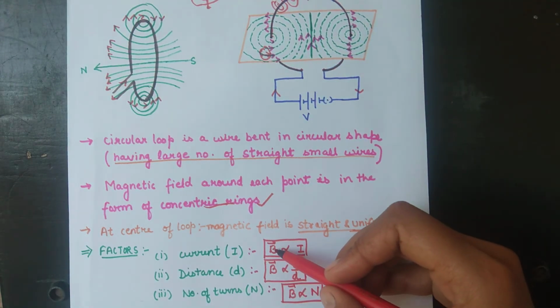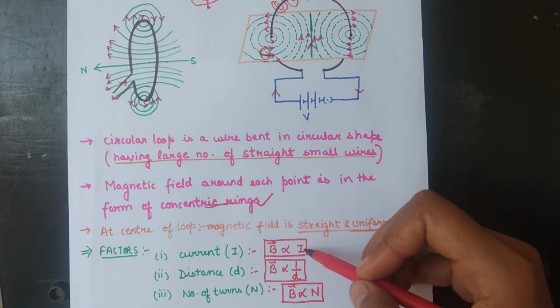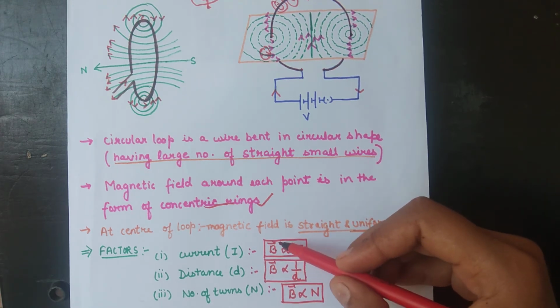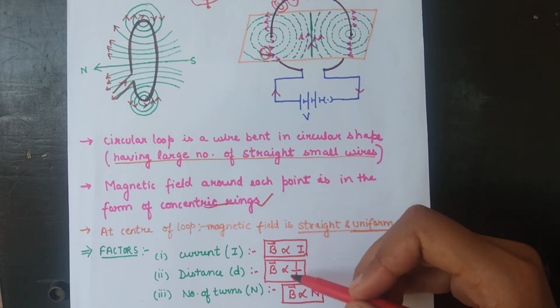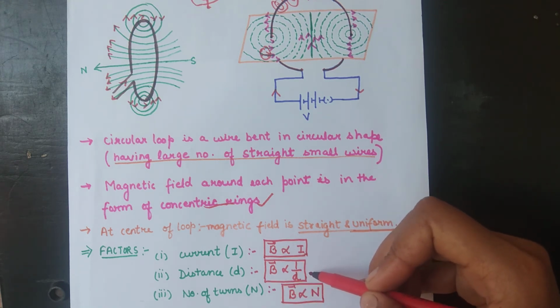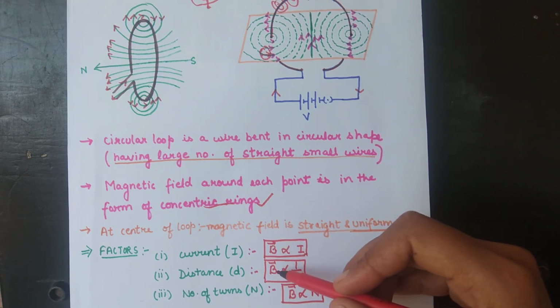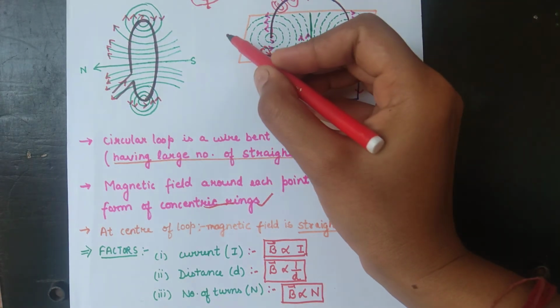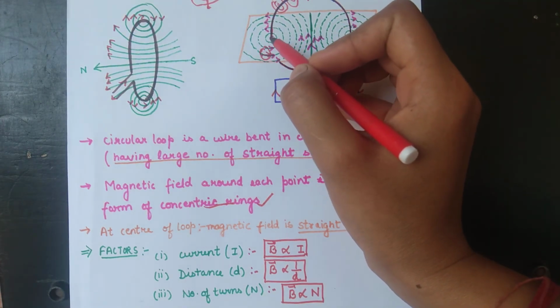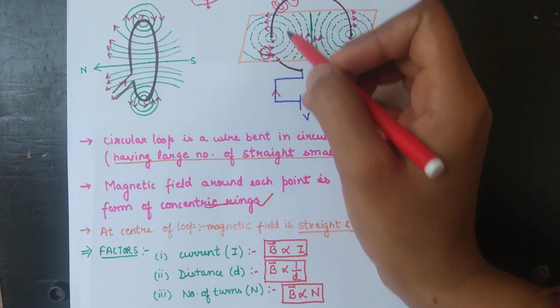B is the symbol for the magnetic field. So on increasing current, the magnetic field due to the circular loop increases. If we increase the distance from the loop, the magnetic field decreases. If we move away, we see that the magnetic field is lesser, but near the wire, when the distance is lesser, the magnetic field is more.